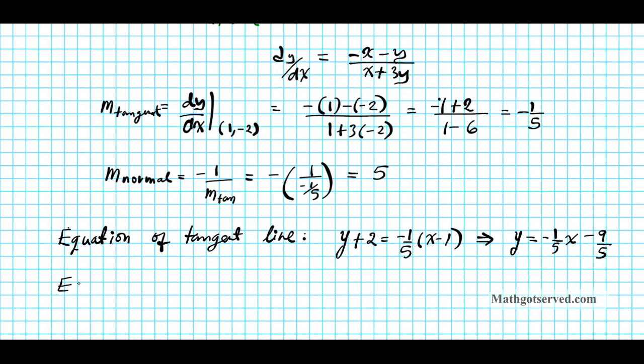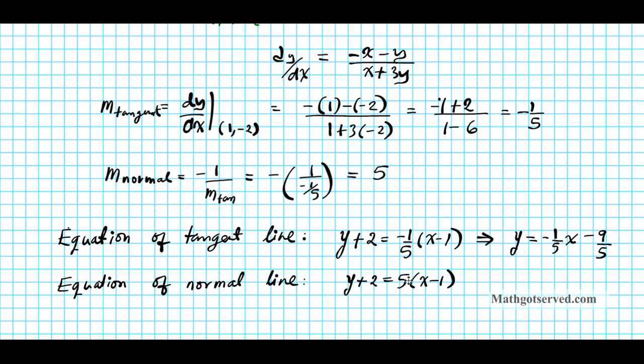How about the normal? The equation of the normal line. Remember, your normal line is perpendicular to your tangent. That's why we take the negative reciprocal of the slope of the tangent line to get the slope of the normal line. So the equation of your normal line, same process, the only difference here will be your slope. So y minus y1, which is y minus negative 2, which is y plus 2, equals m, the negative reciprocal found here, which is 5, times x minus 1.